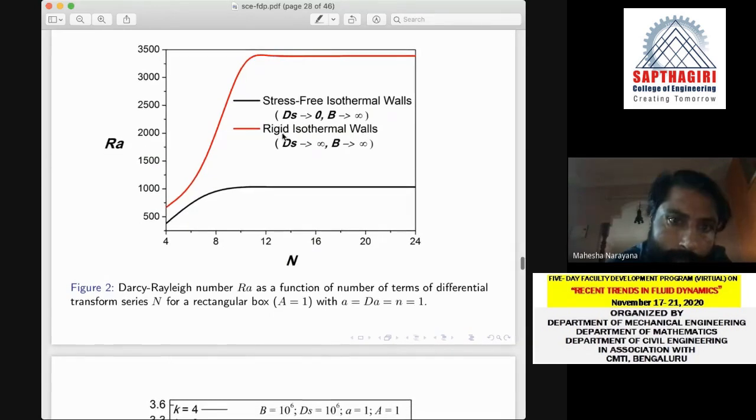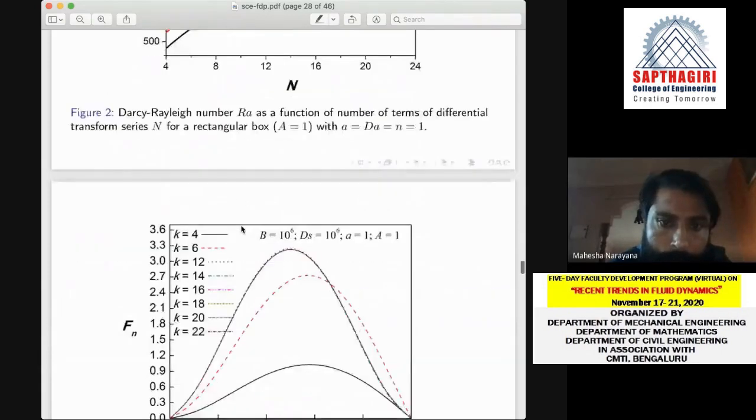And for other combinations of Ds and B, the number of terms required remains somewhere around 12 to 20 terms, which guarantees the convergence. So this is one figure which indicates that our method converges with less than 20 terms in the series. Okay.